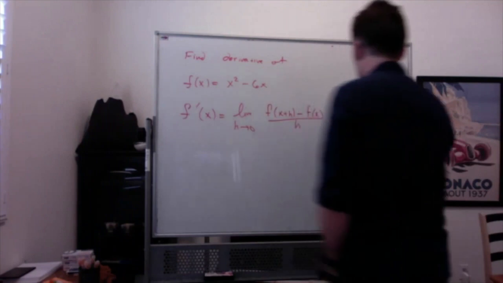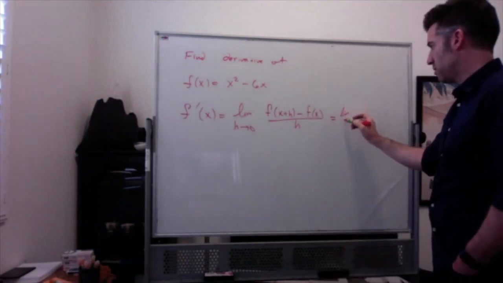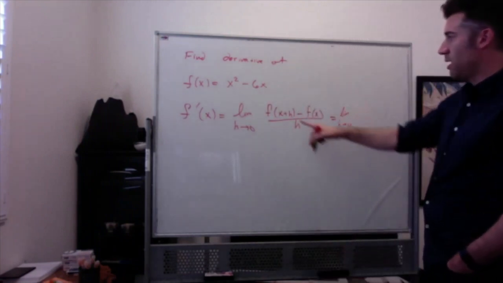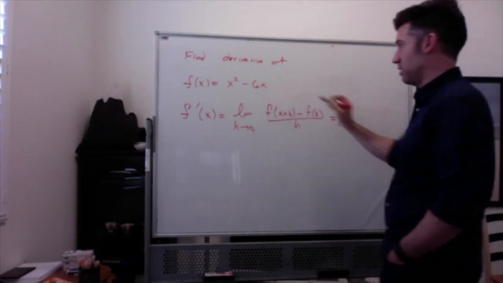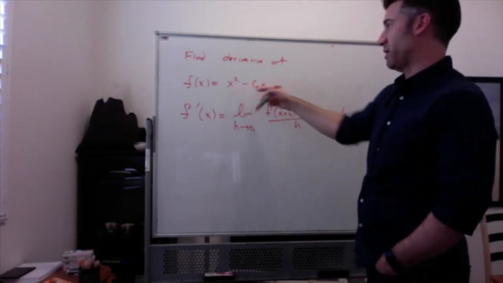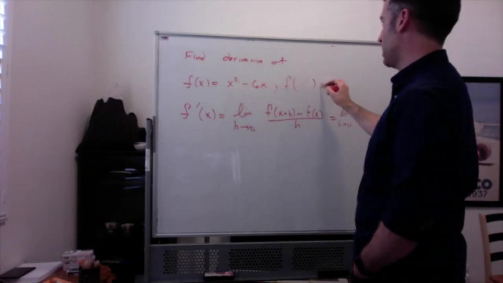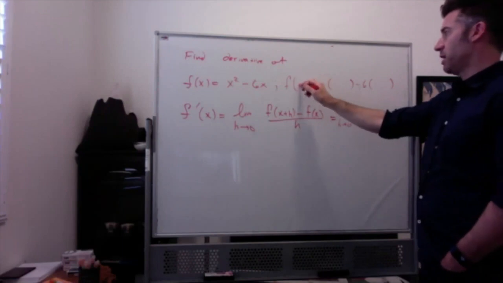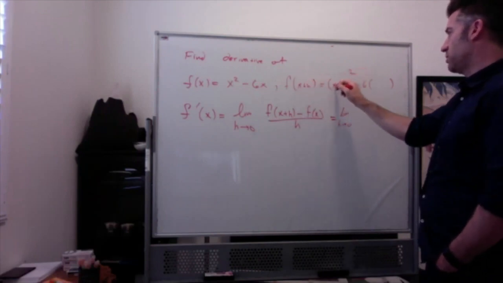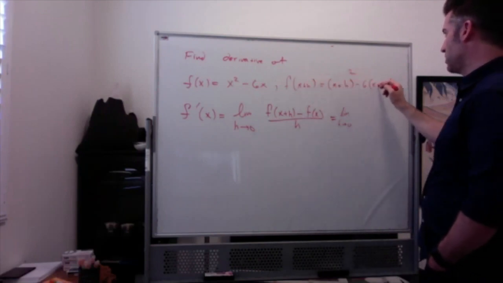And then we're going to write the limit as h goes to 0. F of x plus h, you might want to write f of x plus h out before you start throwing things in here. If f of x is x squared minus 6x, f of x plus h is x plus h squared minus 6 times x plus h.